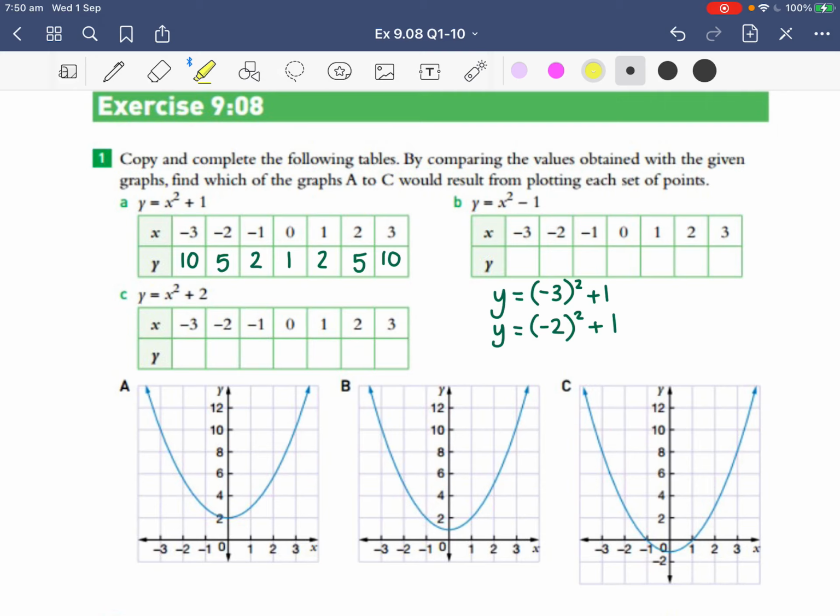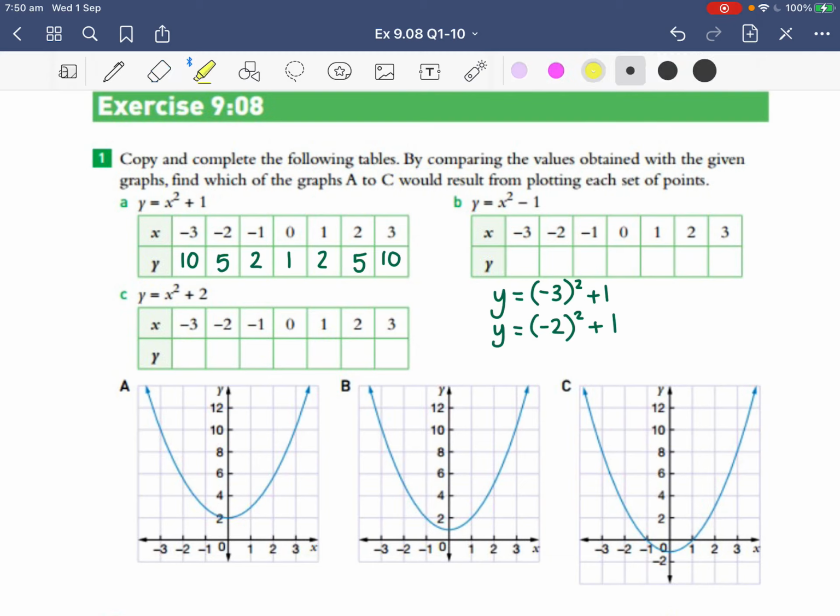Then we have minus 2, 5. That's not quite a point there, so I don't think this is the one that matches up. Then we have minus 1, 2, so that would be there, but it's meant to be there. So that means A is not the correct graph.